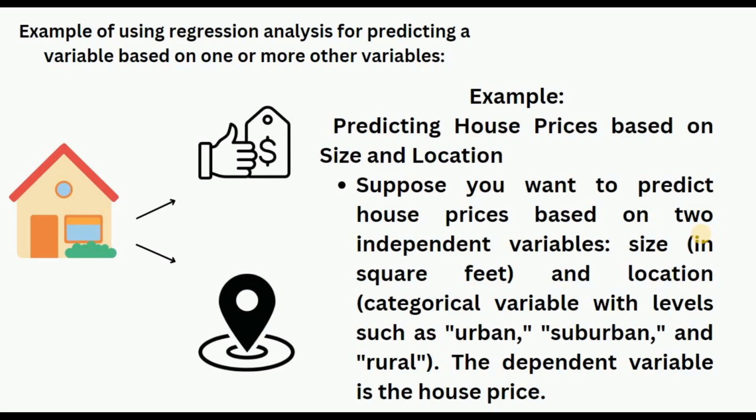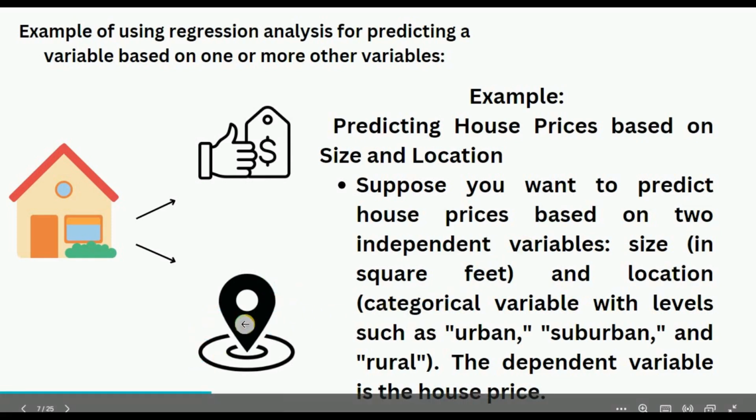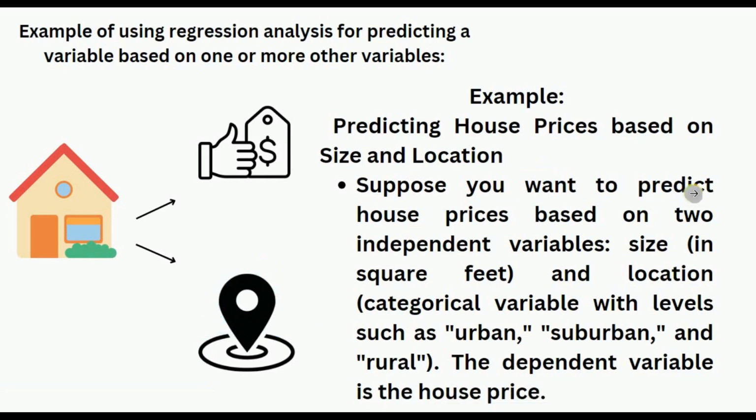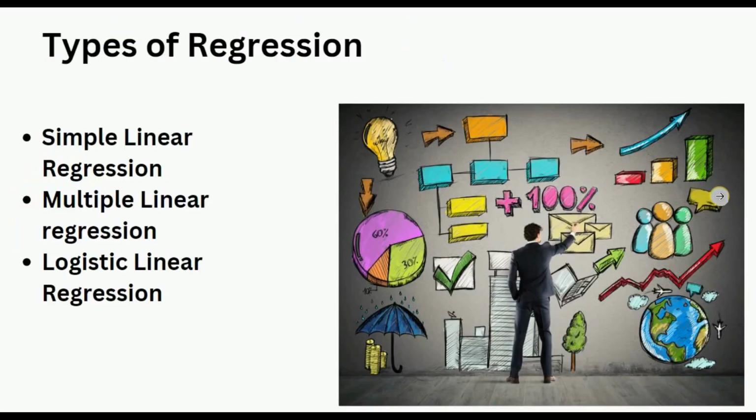This location can also be a categorical variable, like urban or suburban. So we have categorical data here too, as in the case of location, whether it's in a rural area or in a city area. This way we can do regression also. We will discuss them one by one.